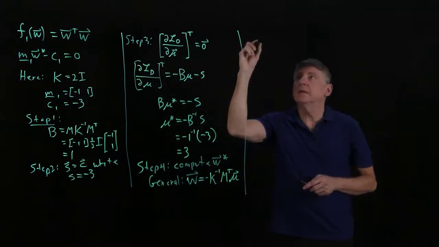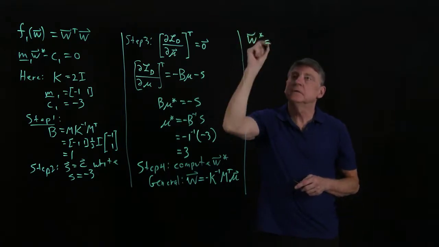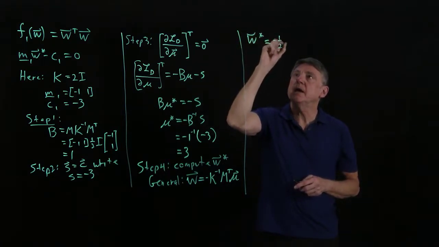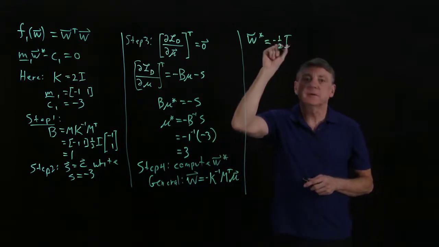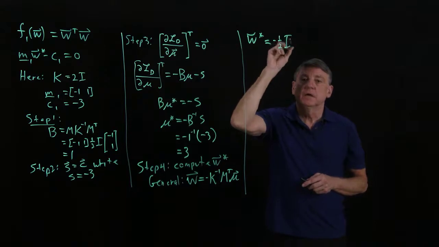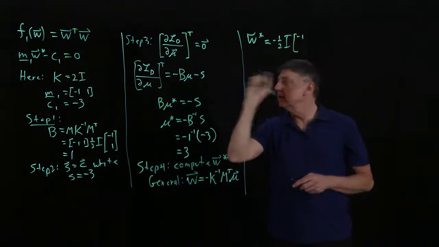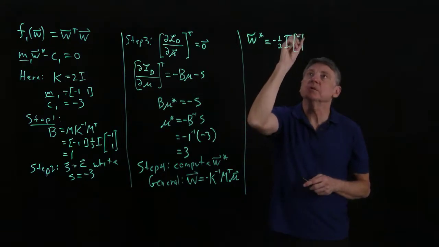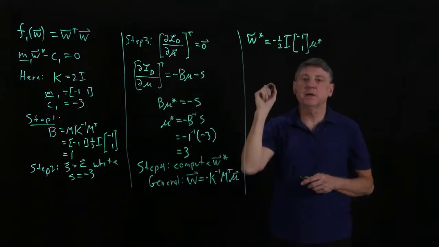In our specific case, the optimal vector is minus 1/2 times the identity, so that's the inverse of our symmetric positive definite matrix, times the constraint transposed, which is minus 1, 1, times our optimal Lagrange multiplier.